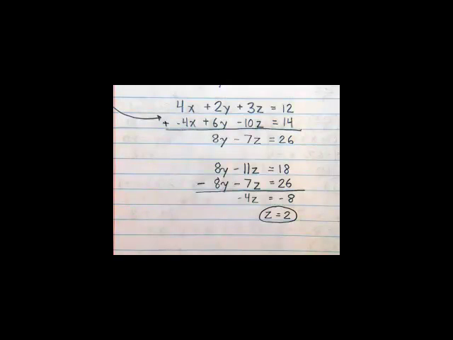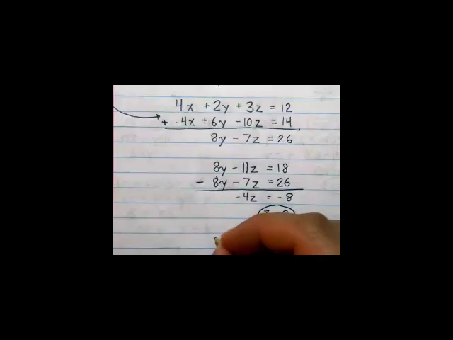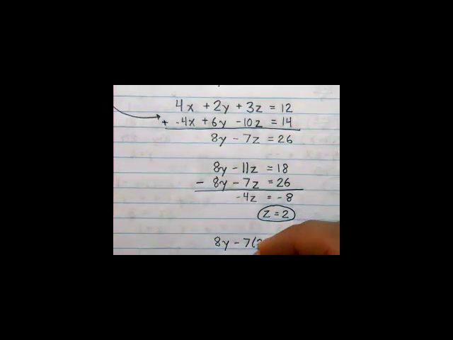So if I take this z equals 2, pick your favorite of these 2 we just came up with, plug into one of them, let's find y, okay? So I'm going to do the bottom equation, I guess. So we've got 8y minus 7 times 2 equals 26.